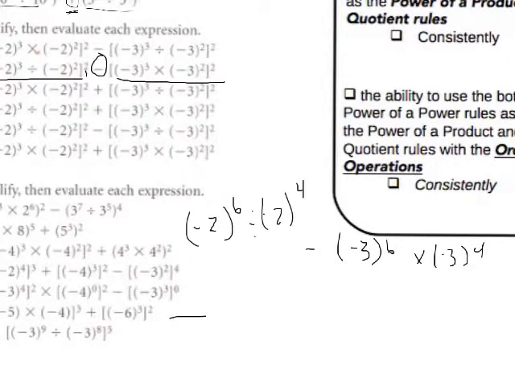Okay, so here's my new question. I'll do this part first. Bases are the same. They're both negative 2. So the rule says when the bases are the same, we're dividing, I can subtract those. So negative 2 to the power of 2. We're multiplying. The bases are the same, both negative 3. It means I can add those. 10. And then I'm going to figure out what negative 2 times negative 2 is, positive 4.